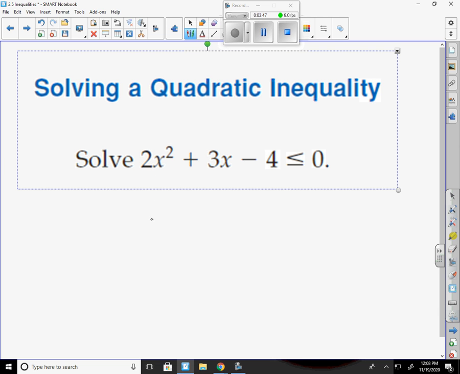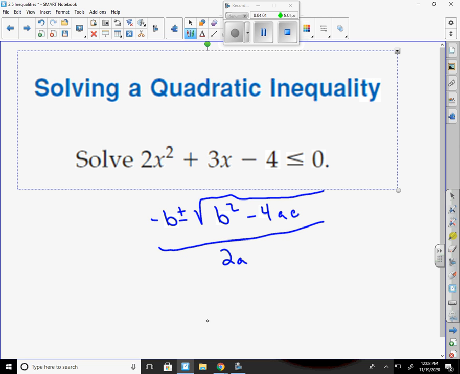Quadratic formula is negative b plus or minus the square root of b squared minus 4ac all over 2a. Remember from Algebra 2, this is a, b, and c.